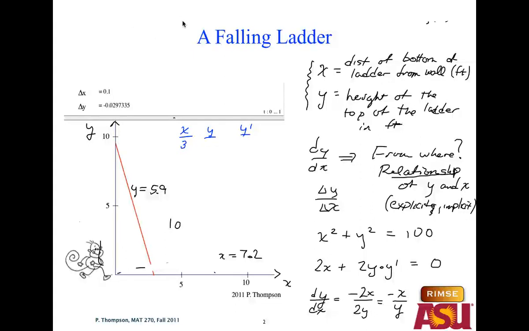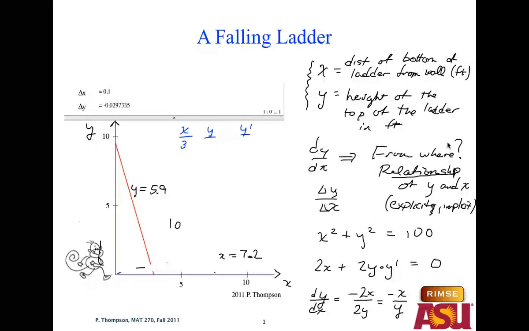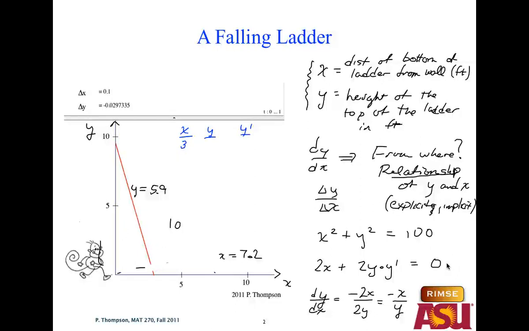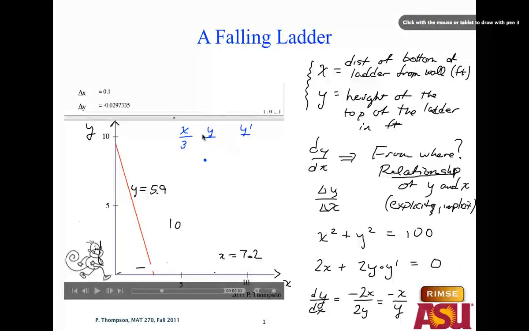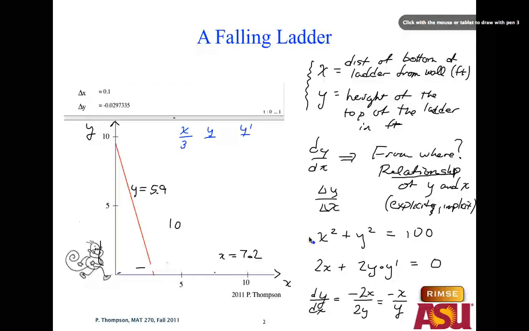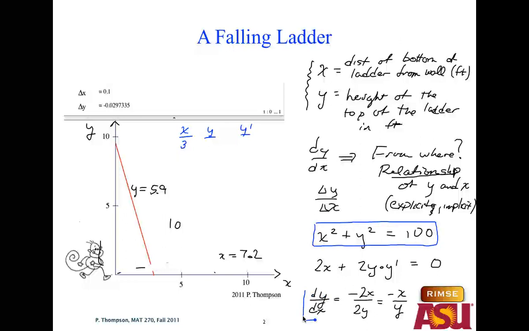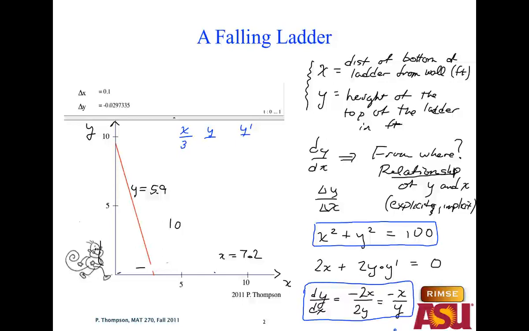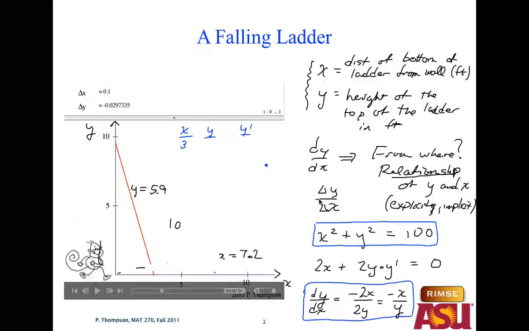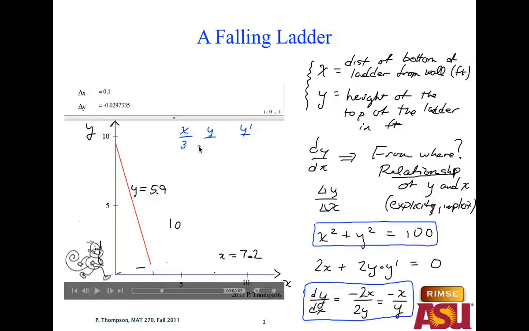3 squared plus y squared equals 100. Anybody get it? Is it the square root of 91?